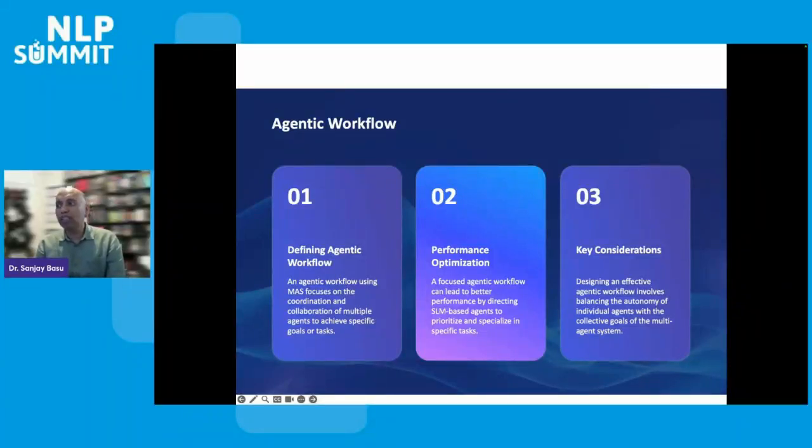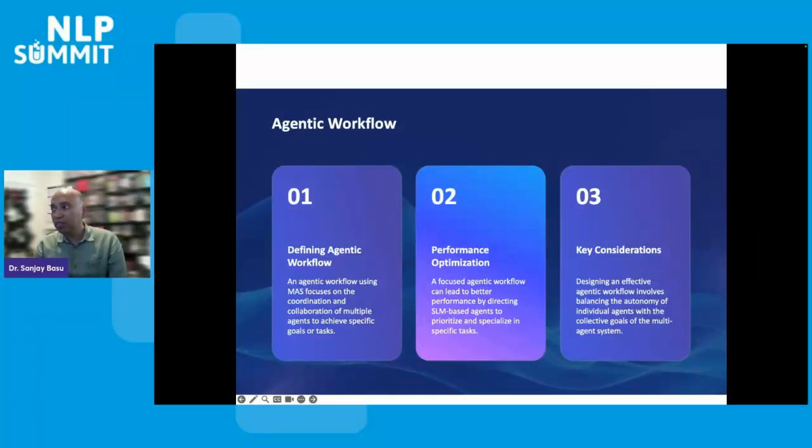A focused workflow can lead to better performance by directing SLM-based agents to prioritize and specialize in specific tasks. We make sure that we are not using one model to do multiple tasks. We isolate the models to focus only on specific tasks, and then we tie them together with automation using our workflow tools so that they all work in coordination.